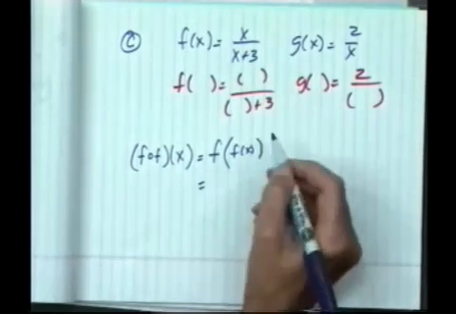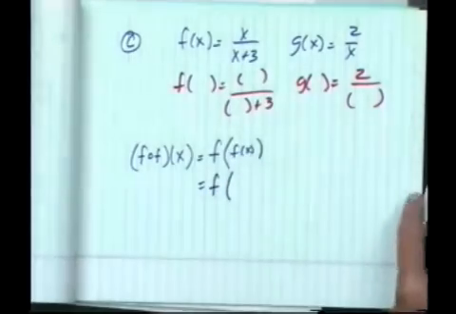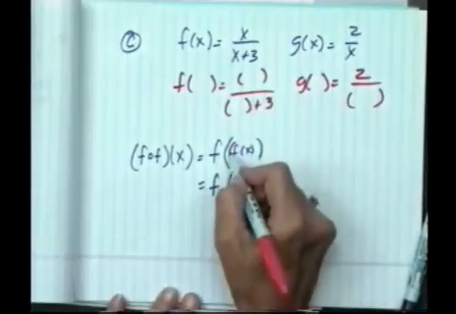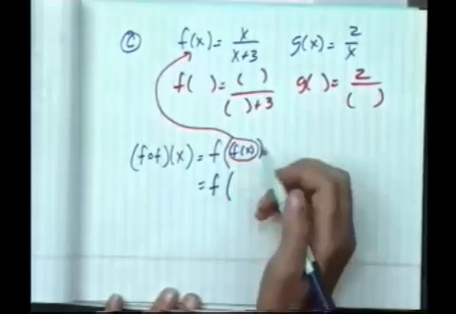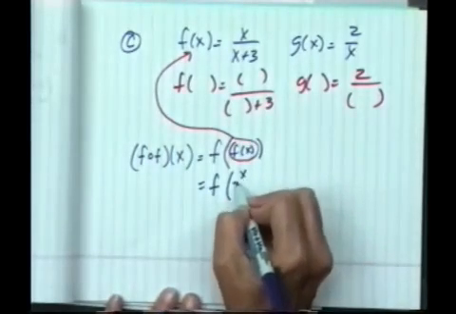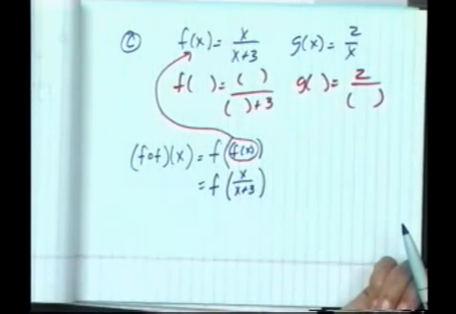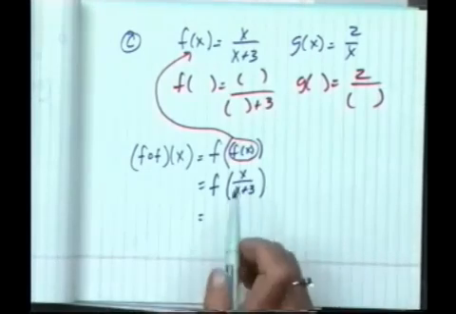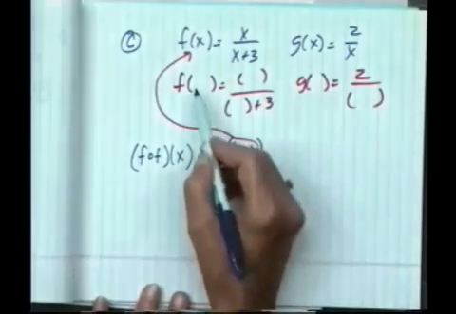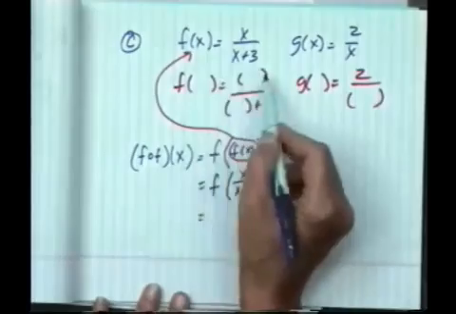All right. So we have F evaluated. So you're just going to go up here and say what F of X is. And that is X over X plus 3. All right. Now how do you evaluate F at anything? You just plug that in, right?